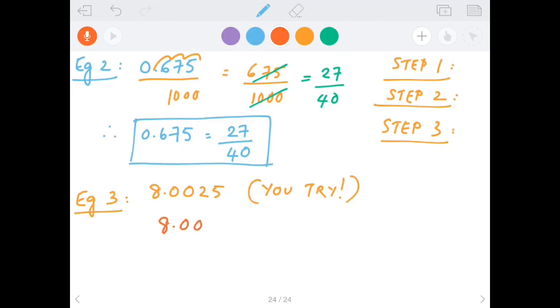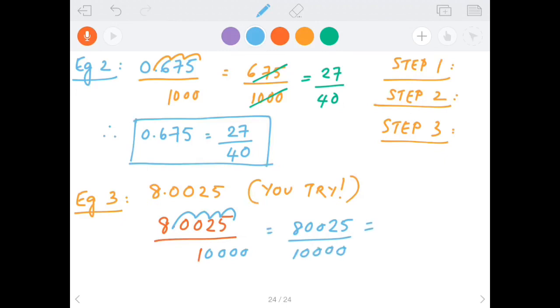Let's start. As I said, first write the number, divide that number by 1, and see how many places of decimal you could move. You notice that you could move 4 places of decimal, so that becomes 80025 by 1 followed by 4 zeros, each 0 for the number of decimal places you moved.